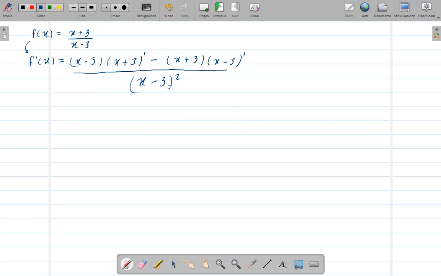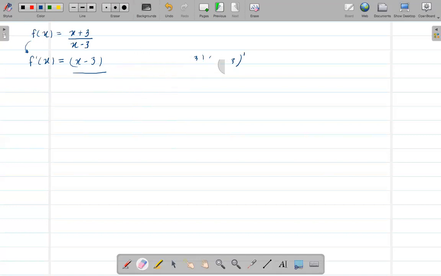If you want to write it like this, okay. But anyway, let's find the derivative of this.